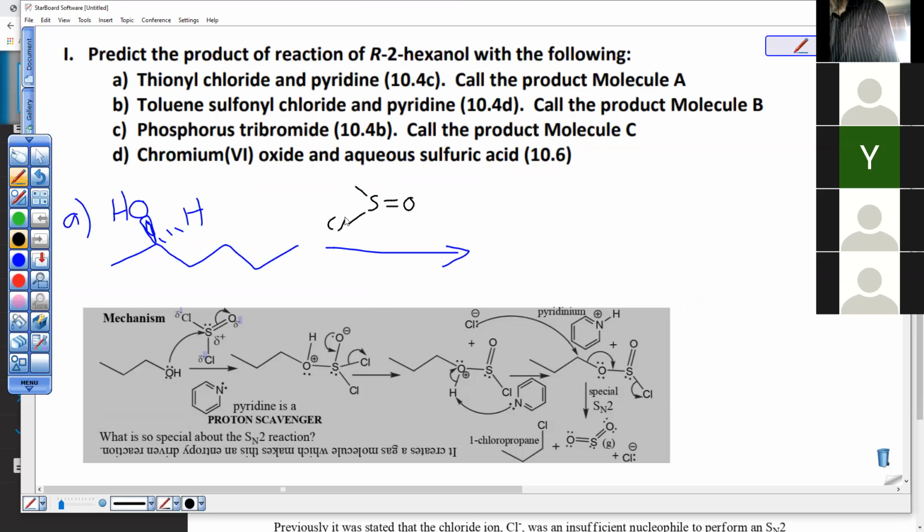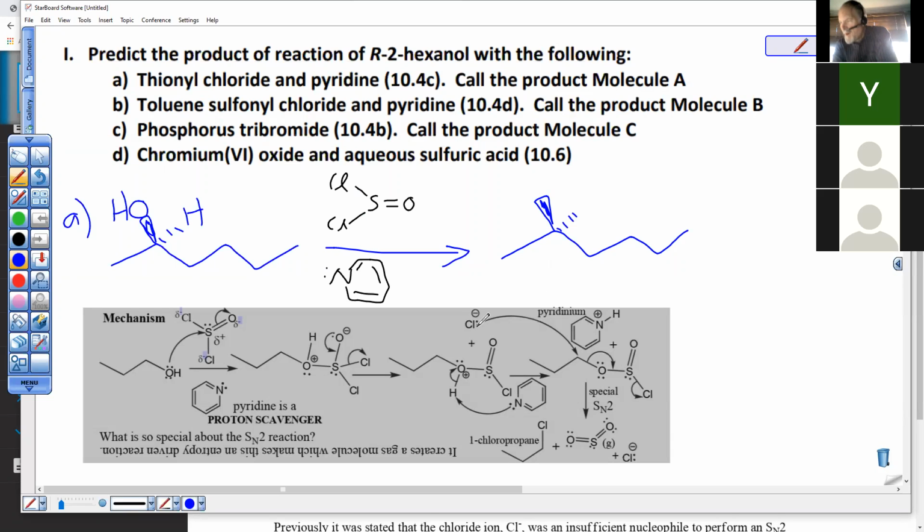I'm just copying this from the box below. And we need pyridine. And it looks like our alcohol is going to become this, and where the OH was is where a Cl is going to be, except one more thing that's important here.